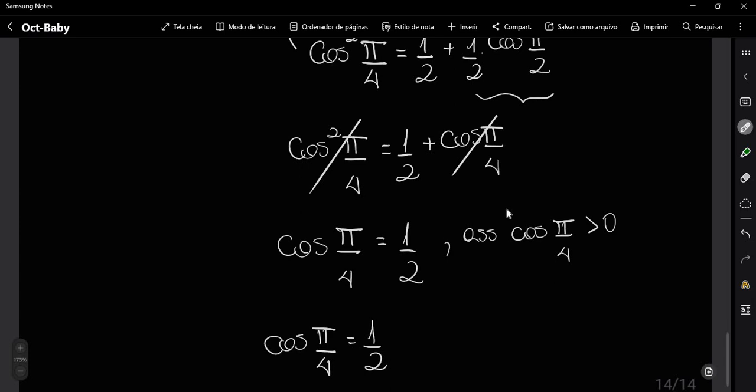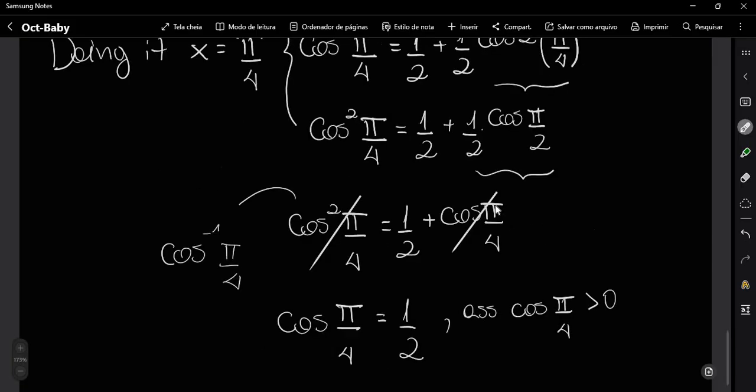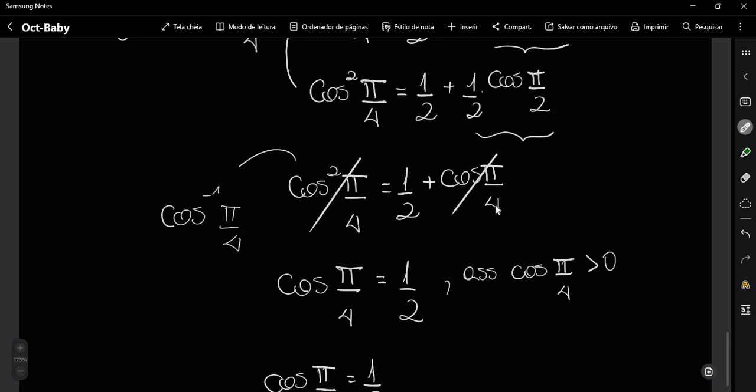The problem right here is, to obtain this solution with only cosine of pi over 4 instead of cosine square of pi over 4, I should multiply for cosine of, I don't know, minus 1 pi over 4. In this way I could cancel this term on this side, but doing this, I will multiply this term also.